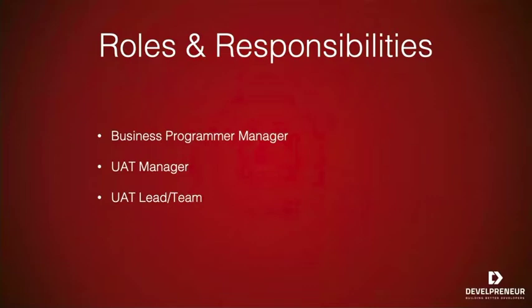So the business programme manager's role is to create and maintain the delivery plan. They need to review and approve the UAT test strategy and plan before they get to the user acceptance testing. They need to ensure the successful completion of the programme on schedule and budget.